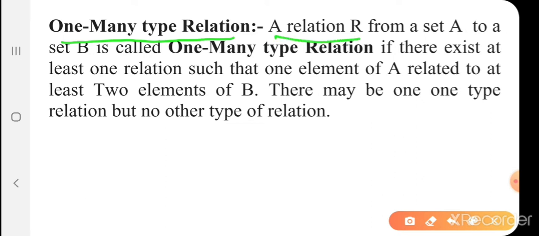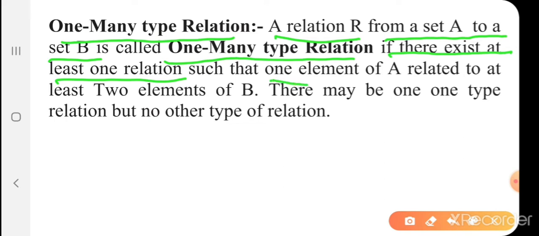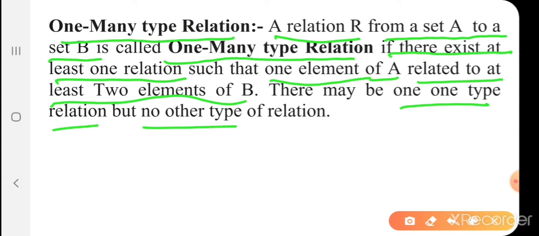A relation R from set A to set B is called a 1-many type relation if there exists at least one element of A that is related to at least two elements of B, and there may be 1-1 type relations, but not other types of relation.